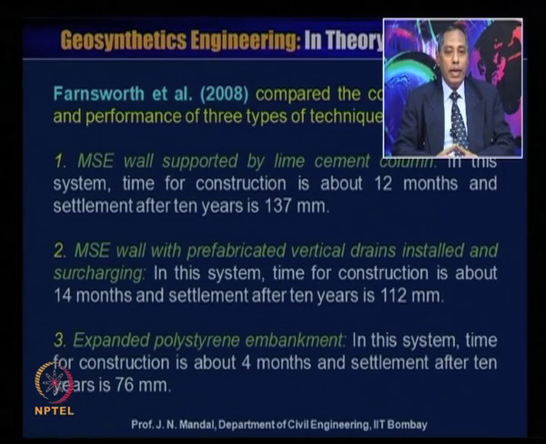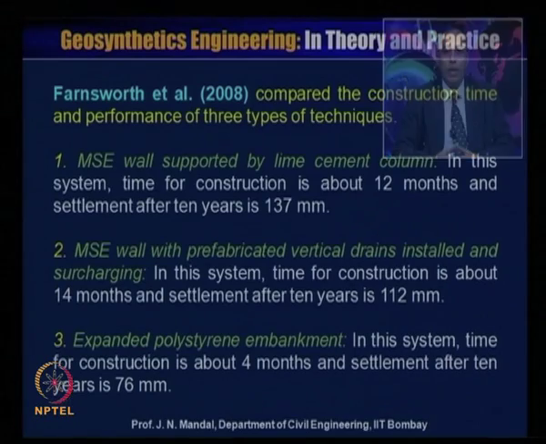And number 3, expanded polystyrene embankment or the geofoam embankment is made with the geofoam. In this system, time for construction is about 4 months and settlement after 10 years is 76 millimeter.